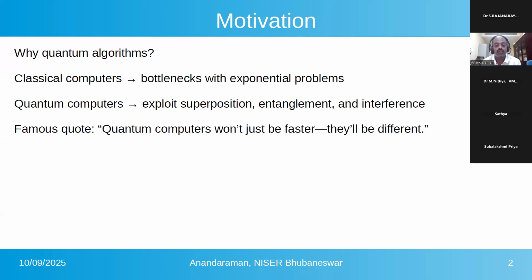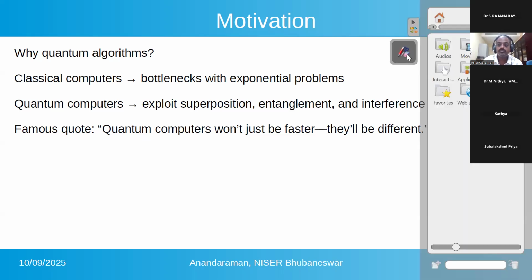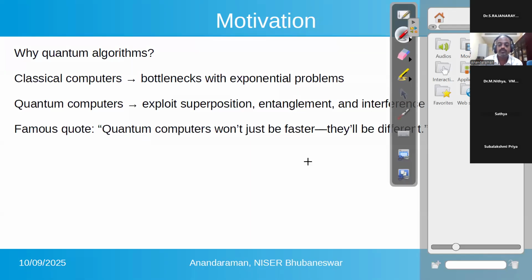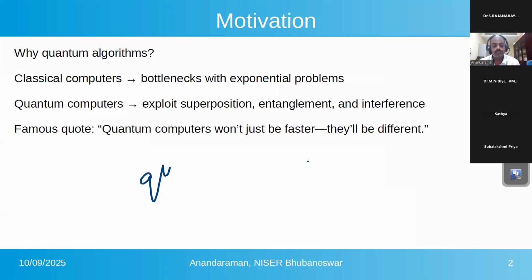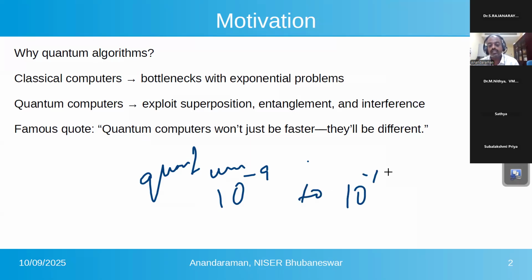So what is quantum? Quantum refers to particles of size 10 power minus 9 to 10 power minus 15. If the particle size is between 10 power minus 9 and 10 power minus 15, then that particle is called quantum. What are those particles?